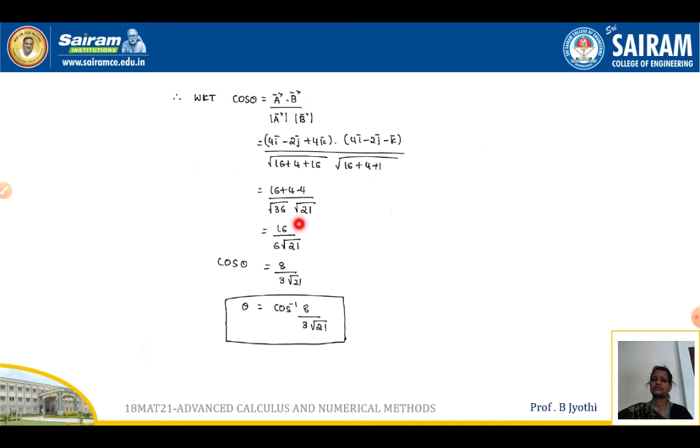The root of 36 is 6, and in the numerator we get 16; cancelling the terms, we get 8 divided by 3 root 21. So the angle theta equals cos inverse of 8 divided by 3 root 21.